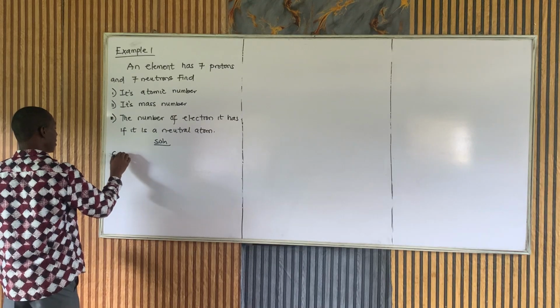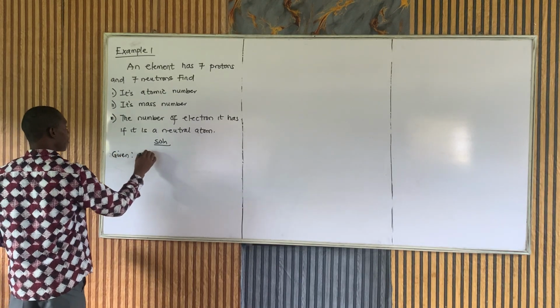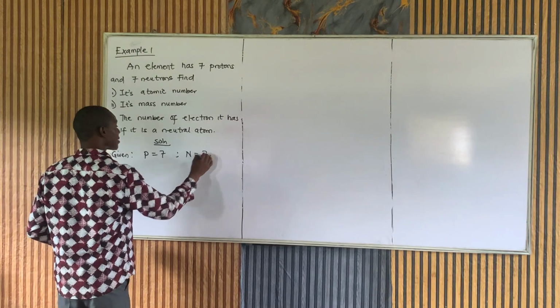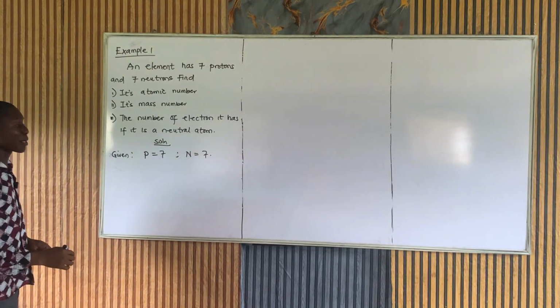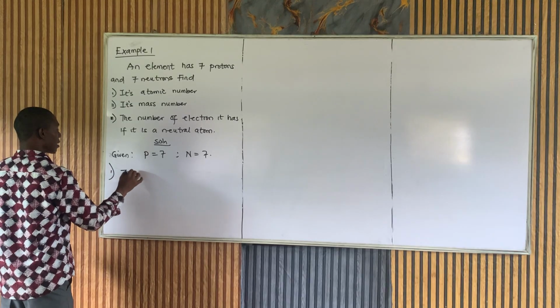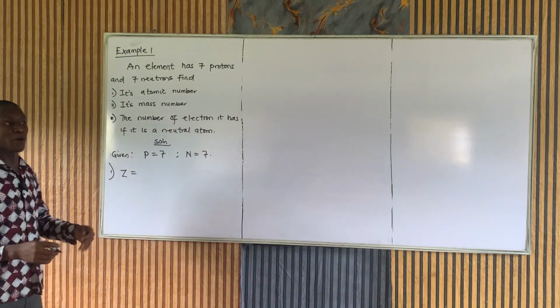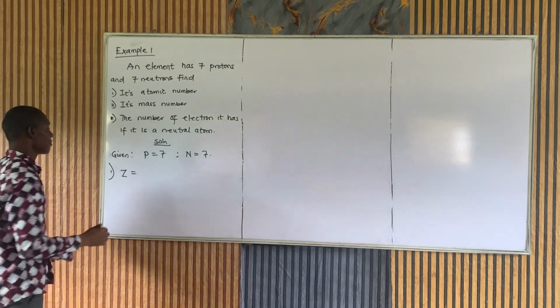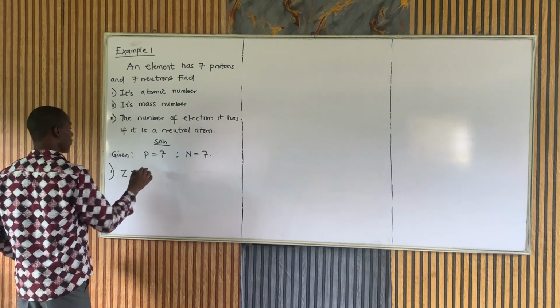We are given that the proton is 7 and the neutron is 7 as well. Now we're looking for the atomic number, which is Z. Since atomic number is the number of protons, and I have 7 protons, the atomic number should be 7. And that's that for the first one.